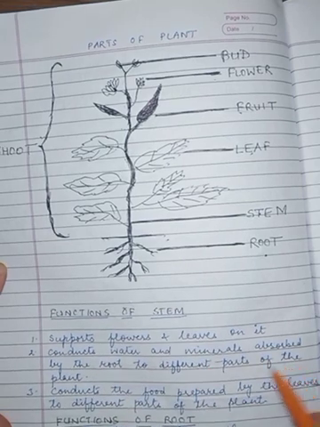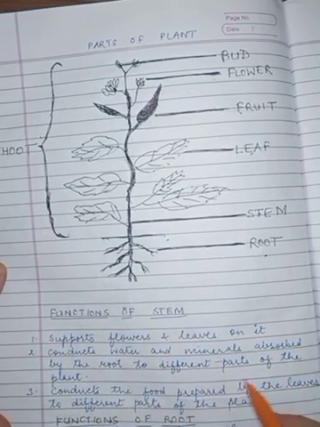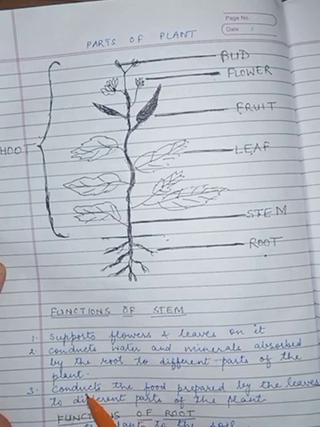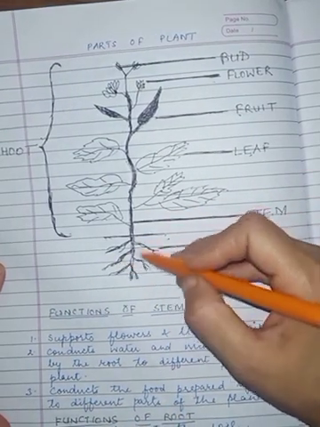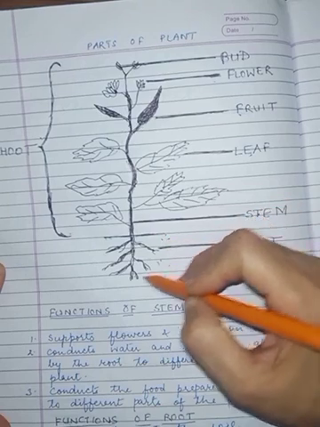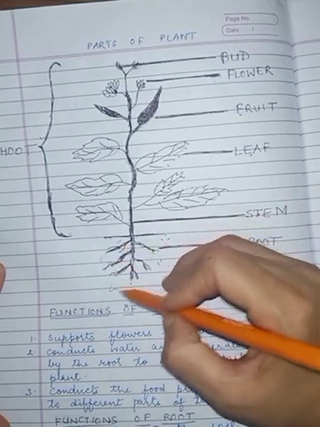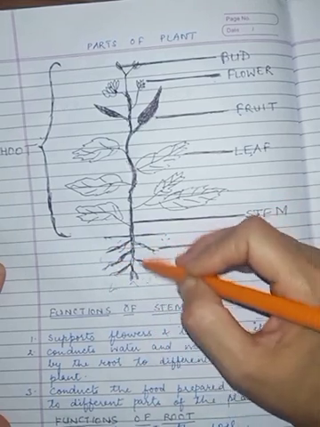Conducts water and minerals absorbed by the root to different parts of the plant. So the root absorbs water from the soil. Here soil is there. So from the soil it absorbs water and minerals.